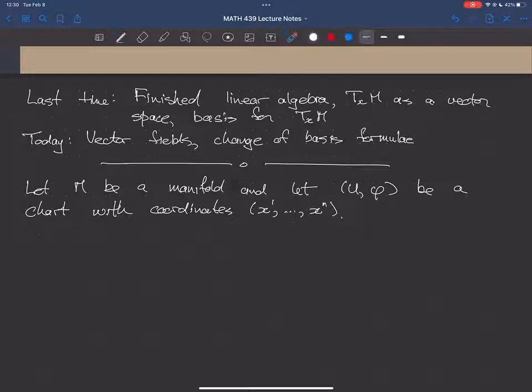And so last time we ended the lecture by thinking about a particular basis for the tangent space. The setup is that you have a manifold with a chart and it has coordinates. And then you define a basis.